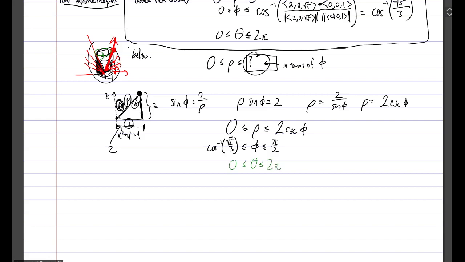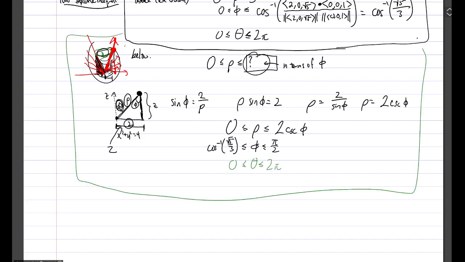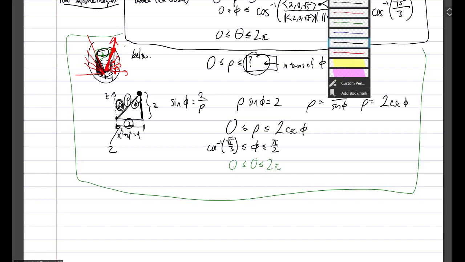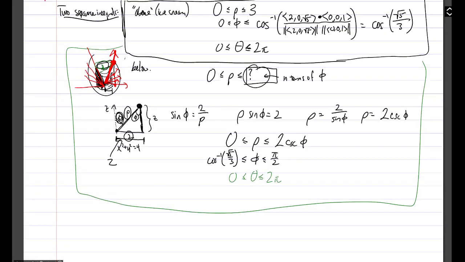It turns out then, due to the kind of odd shape that we have, we actually have to set up an integral here and an integral there and then add these up. So we've got an integral of 1 times rho squared sine phi d rho d phi d theta.